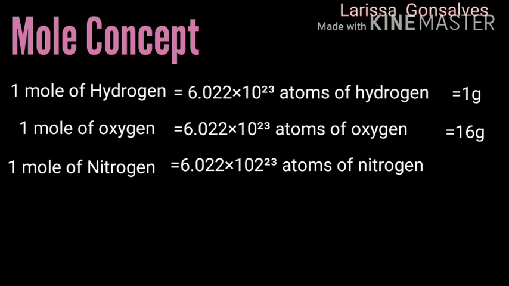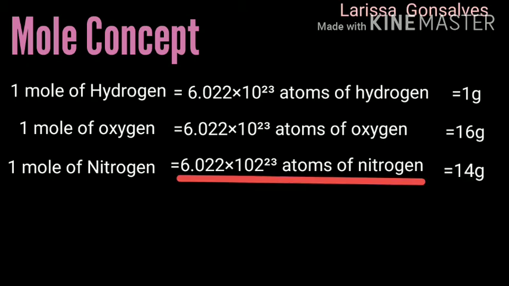Similarly, the mass of 6.022 into 10 raised to 23 atoms of nitrogen is going to be 14 grams because the atomic mass of nitrogen is 14. So, 1 mole of any element is going to have 6.022 into 10 raised to 23 atoms or molecules in it. But the mass is going to differ depending upon the element.